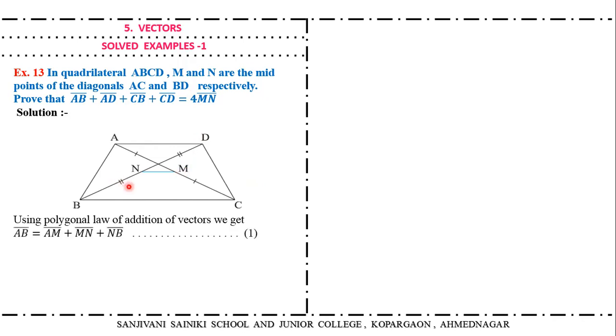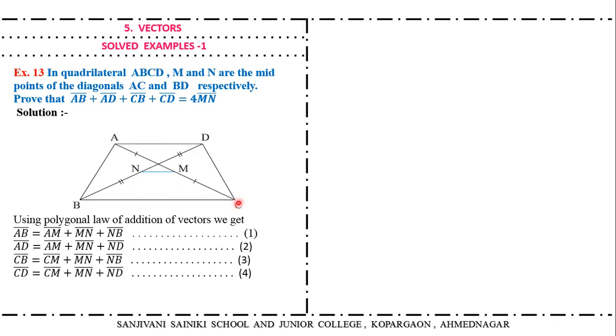Now using the polygon law of vectors, we get AB bar is equal to AM bar plus MN bar plus NB bar. Equation number 1. Similarly, AD bar is equal to AM bar plus MN bar plus ND bar.